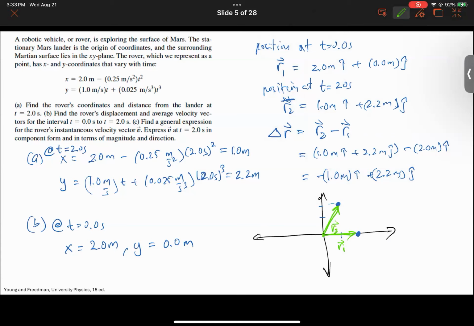So yung R2 minus R1 or yung displacement is this. So yan yung delta R equals R2 minus R1. So nag-move siya 1 unit towards the left kasi negative, and then 2.2 units na upward. Yan yung naging motion ng rover.